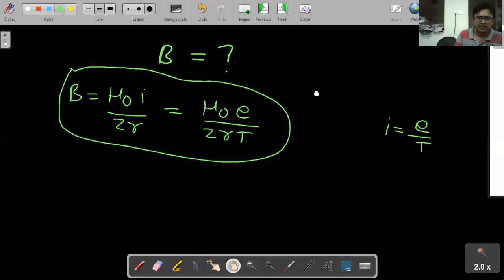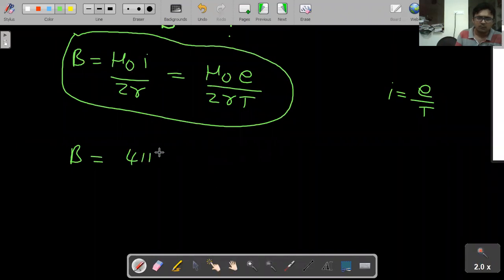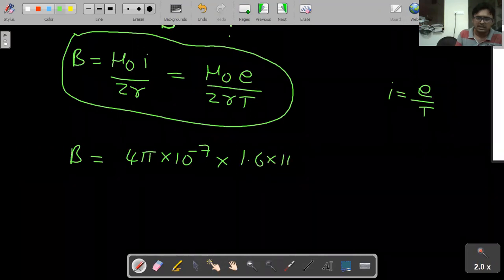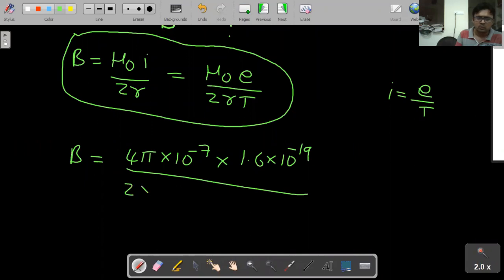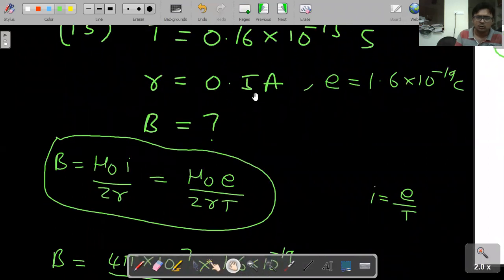So here I am simply substituting the values. B is equal to mu naught, which is 4 pi into 10 power minus 7, E value is 1.6 into 10 power minus 19, divided by 2 into the R value and T value. R is 0.5 angstrom.